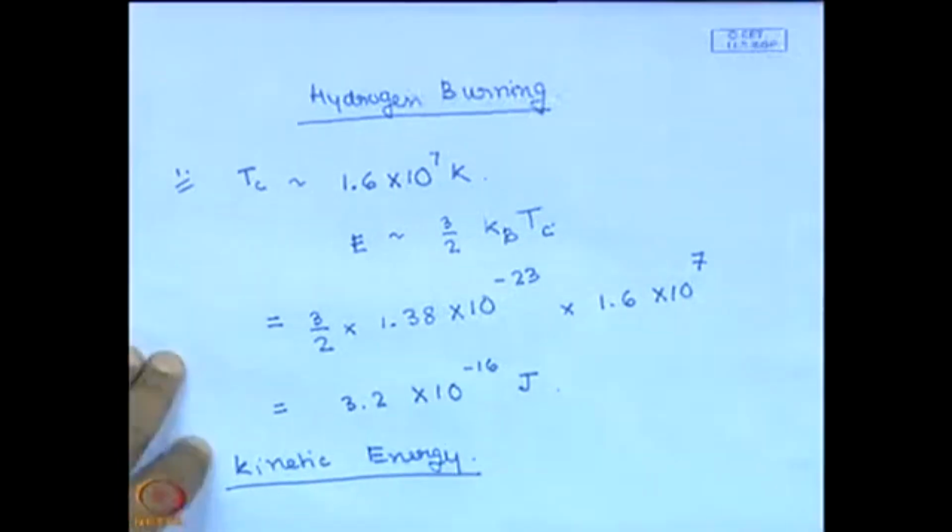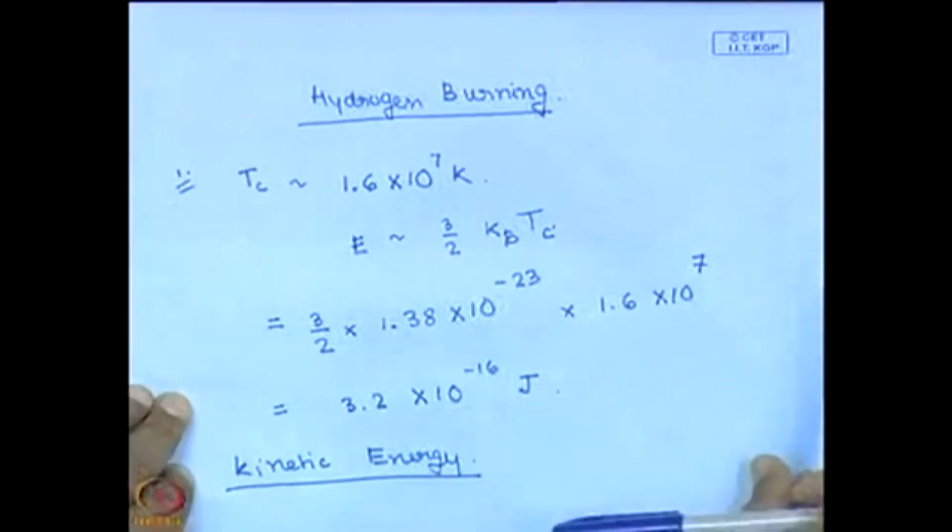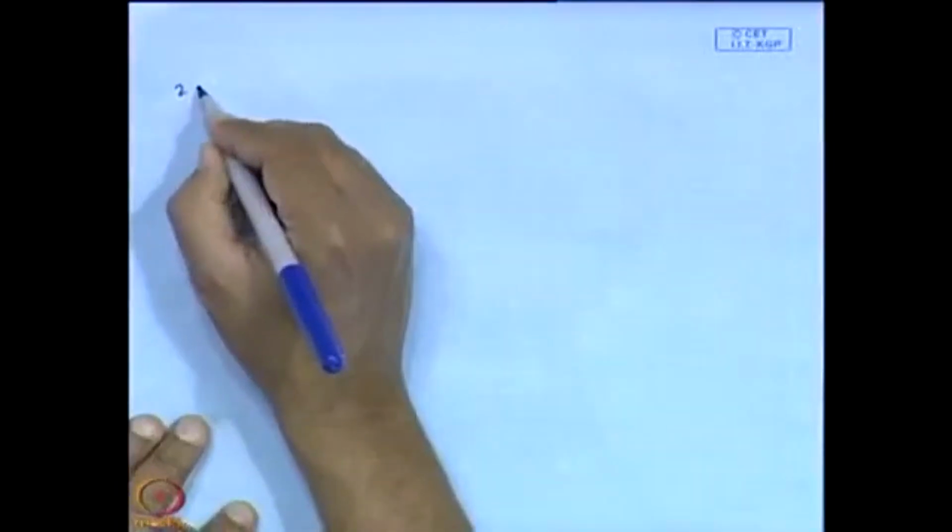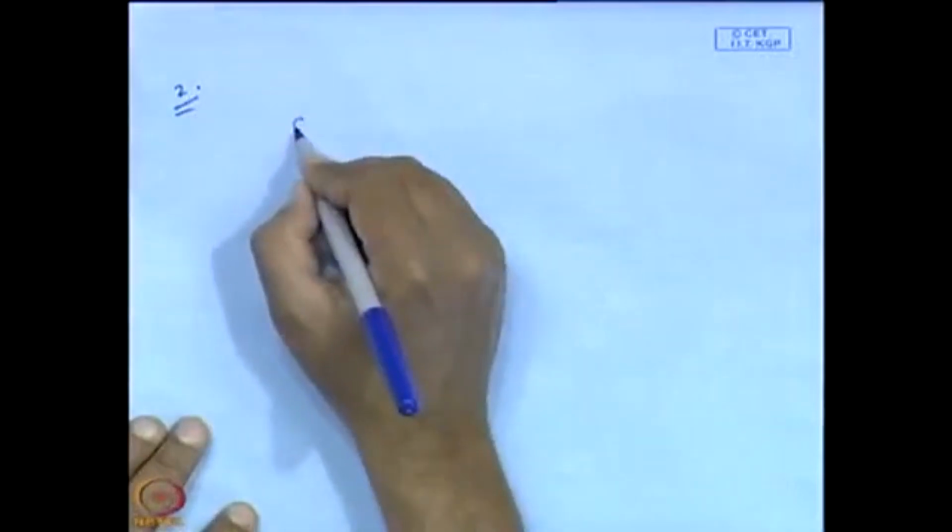Now, the next question is that for nuclear fusion, for hydrogen burning to occur, the first step is the PP collision. We need two protons to collide to form a deuteron.